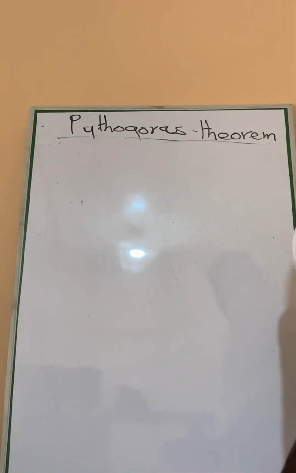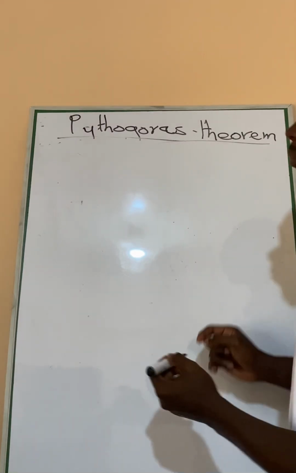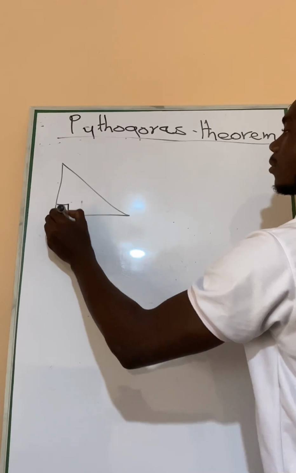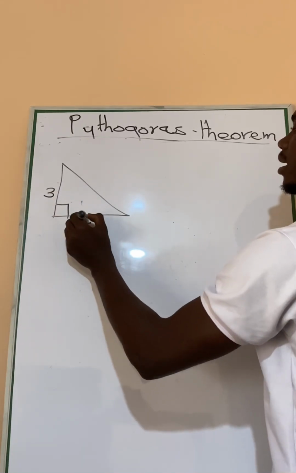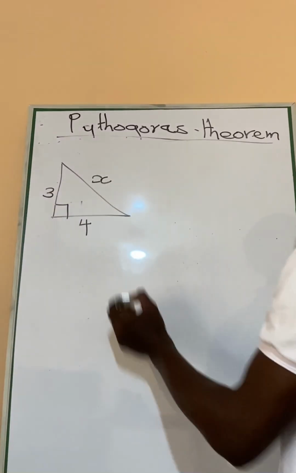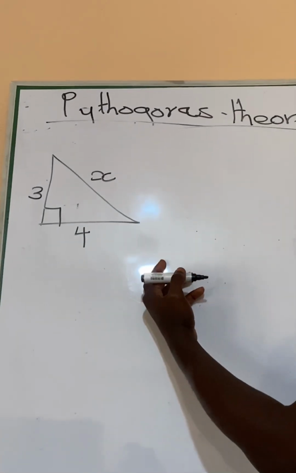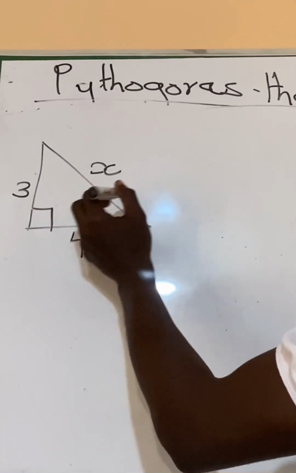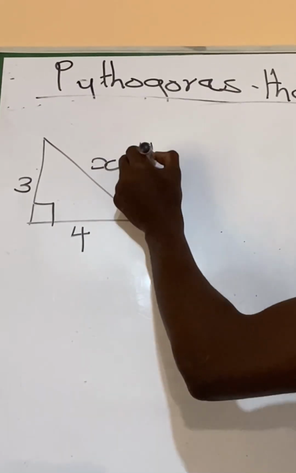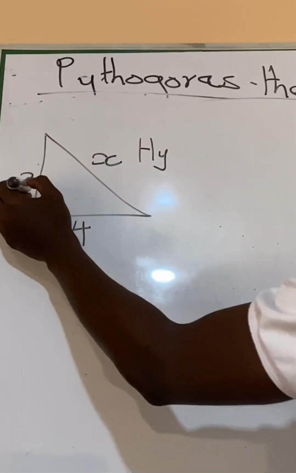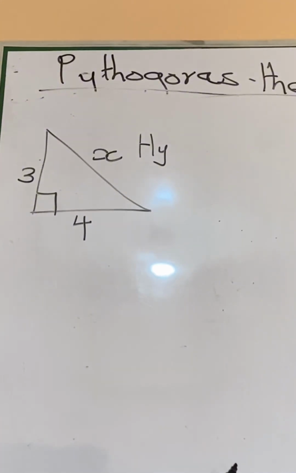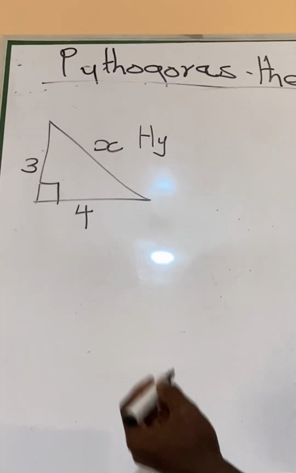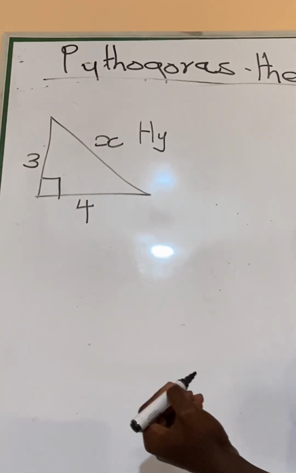Without further ado, let's jump into an example where we have a right-angled triangle. This side has 3, here has 4, and we have x. Now, x over here, as we can see, is the side opposite the 90 degrees. Therefore, x becomes our hypotenuse. And then it doesn't really matter which is the opposite or the adjacent, at the end of the day we are going to add them.